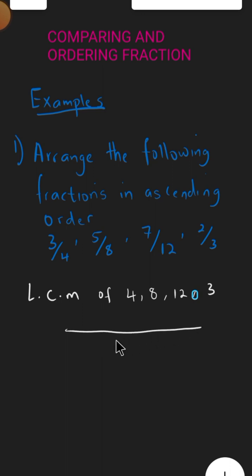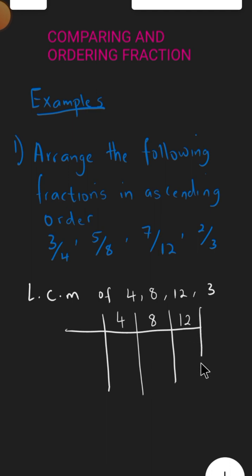We'll draw a line. Let's find the LCM of 4, 8, 12 and 3. So I have 4, 8, 12, and I'm going to put one more to accommodate 3.